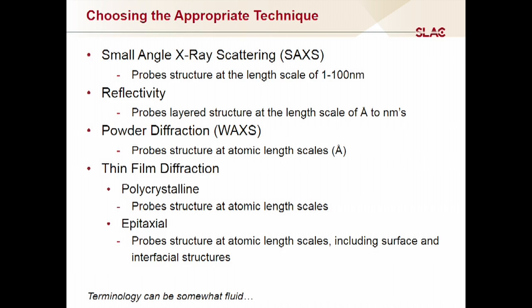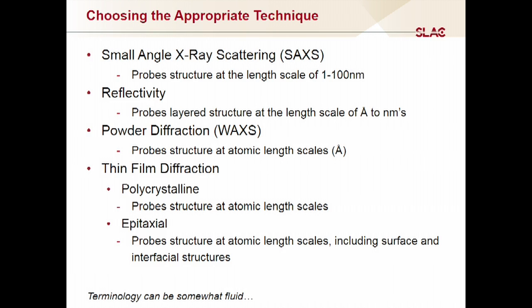And then powder diffraction or wide angle scattering, you're really looking at atomic length scales. You're probing to very large Q. And so you're looking at very small things on the order of angstroms. And then I guess also sort of in that is thin film diffraction, which can be polycrystalline, which is more or less a powder just in thin film form, which works the same way.